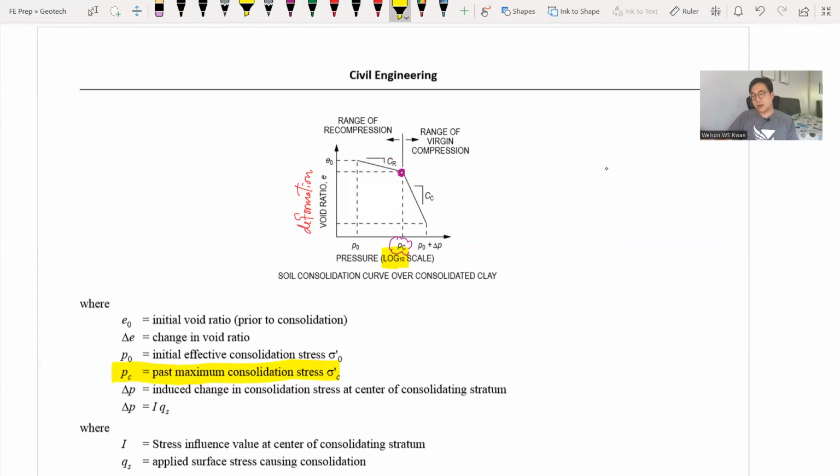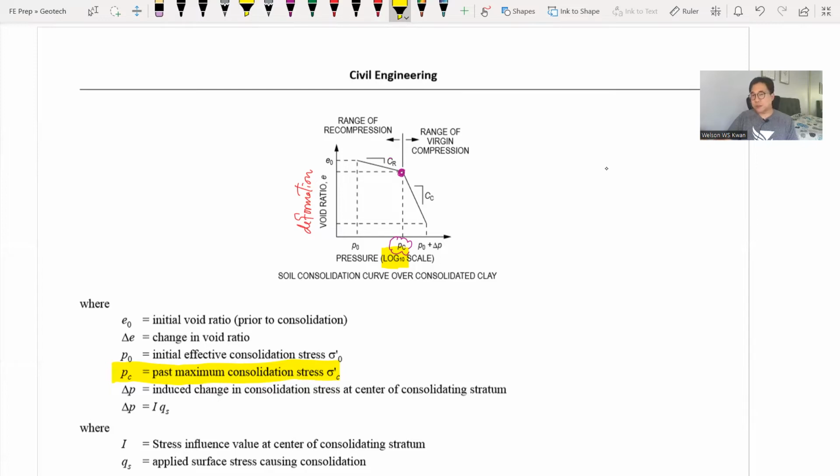He also points out a very important concept in geotechnical engineering, which is that soil, or the clay, remembers. So what does it remember? It remembers the maximum stress level or the maximum loading that it has ever experienced.